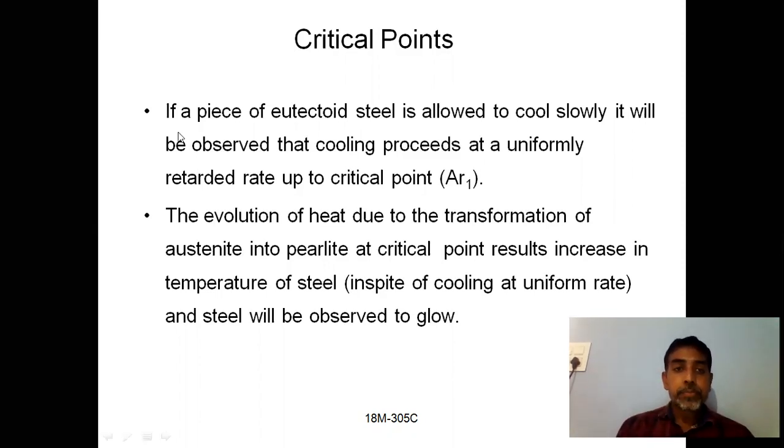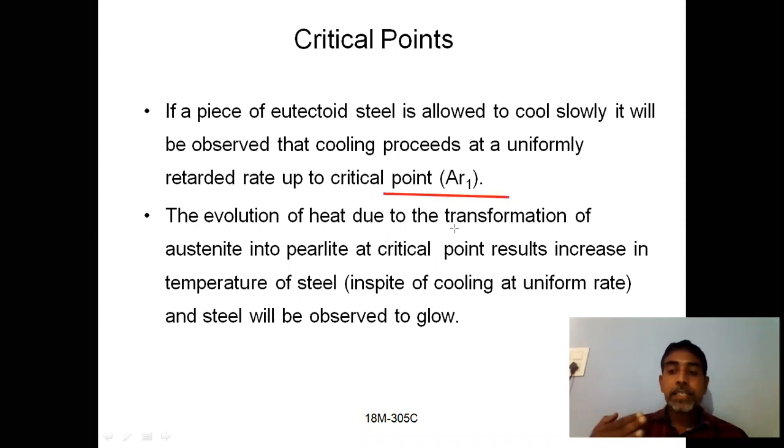See here, if a piece of eutectoid steel is allowed to cool slowly, it will be observed that cooling proceeds uniformly, retarded up to the point AR1. That means up to AR1, when you are going for the cooling operation, it is retarded. It is slowly cooling up to the point AR1.